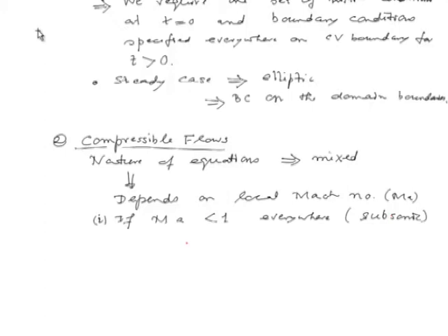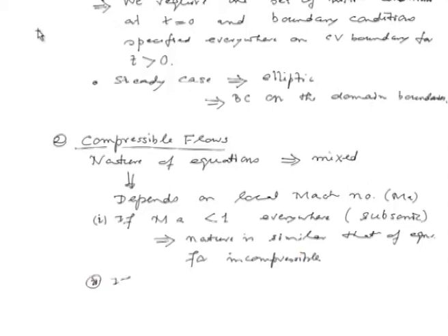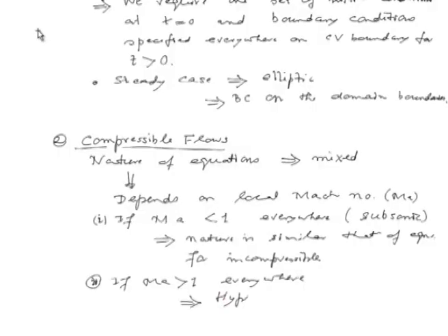Now, in this case, the nature is similar to that of equations for incompressible flow. Now, if Mach number is greater than 1 everywhere, that means our flow equations, both momentum as well as energy equations, would have what we call hyperbolic nature.